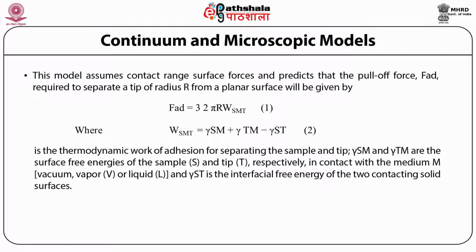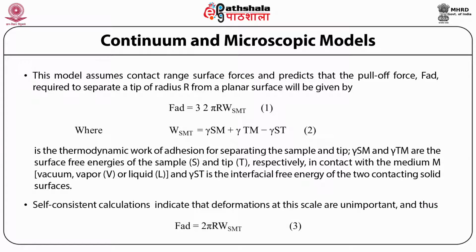This is the thermodynamic work of adhesion for separating the sample and tip. Gamma SM and gamma TM are the surface free energies of the sample S and the tip T, respectively, in contact with the medium M, vacuum vapor V, or liquid L, and gamma ST is the interfacial free energy of the contacting solid surfaces.